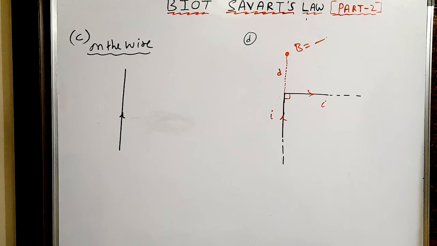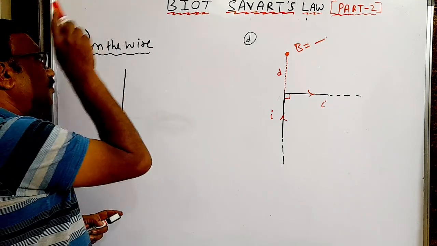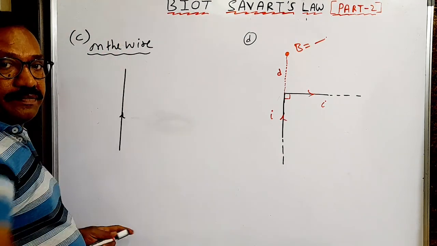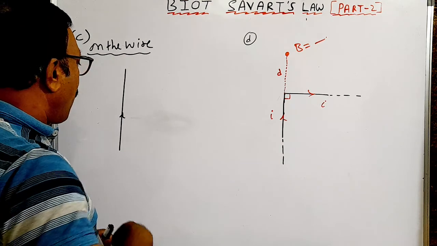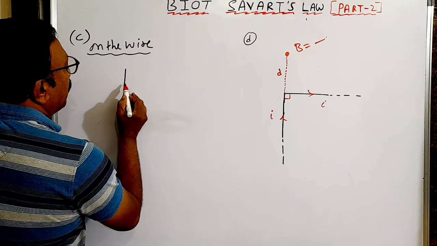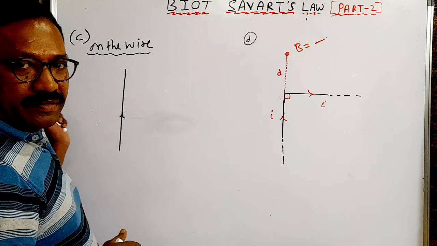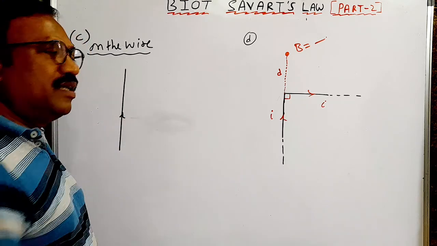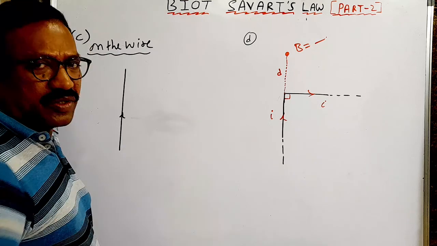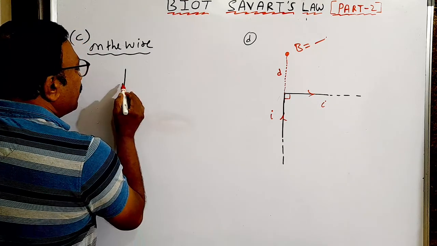Okay, another case I am taking. We want the magnetic field on the wire. So I'll apply the Biot-Savart law directly here, not the derived formula. Even that formula is derived from the Biot-Savart law. What is the Biot-Savart law?